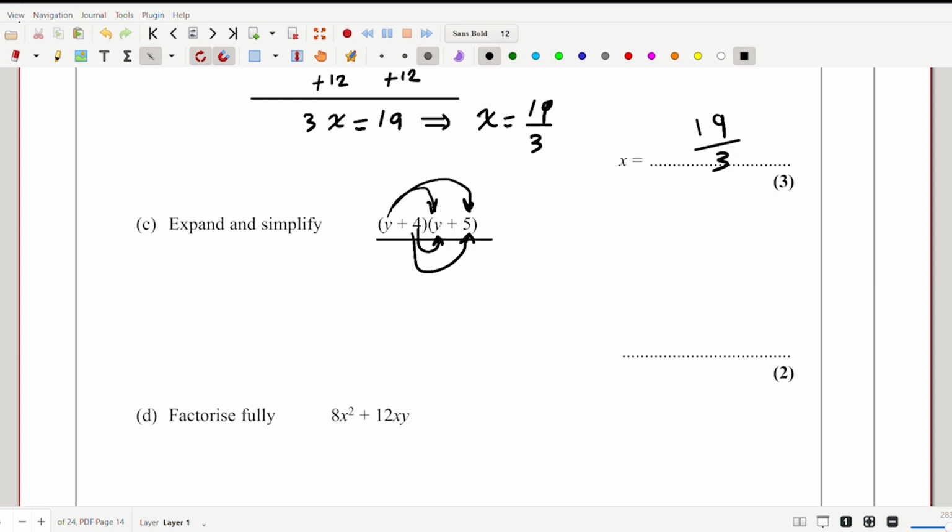Here all signs inside the brackets are positive, so it's easy to work out. y times y is y squared, y times 5 is plus 5y, then 4 times y is plus 4y, 4 times 5 is 20, so plus 20. Collecting like terms, we have y squared plus 9y plus 20.